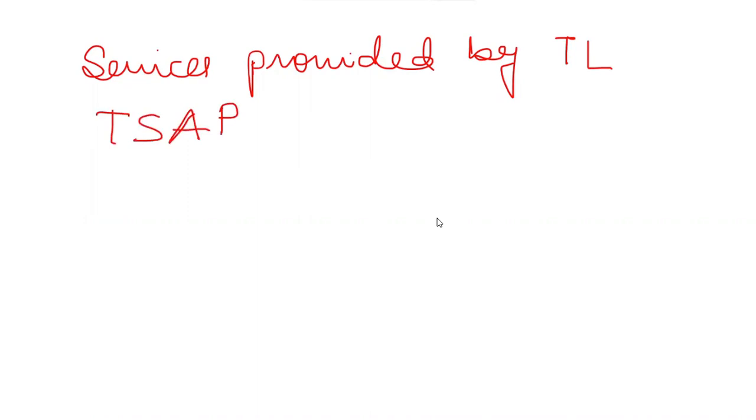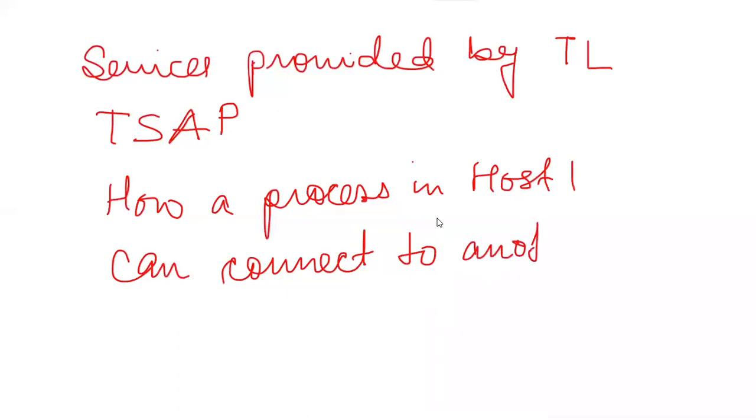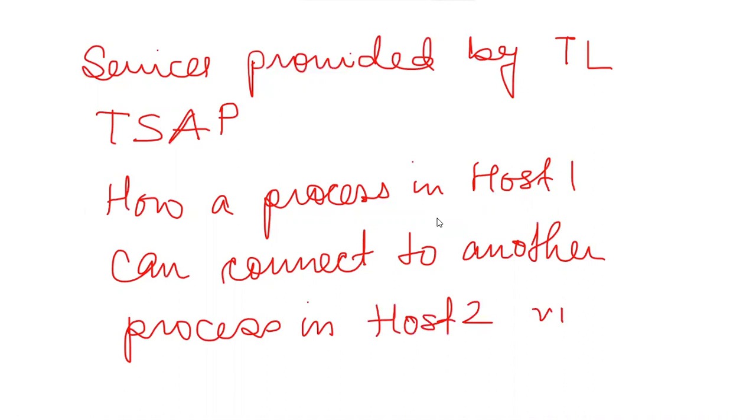We have learned that, and we have seen how a process in host 1 can connect to another process in host 2 via TSAPs. So this is about addressing in the transport layer.